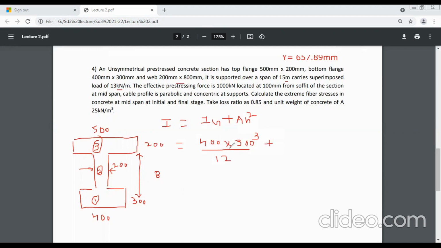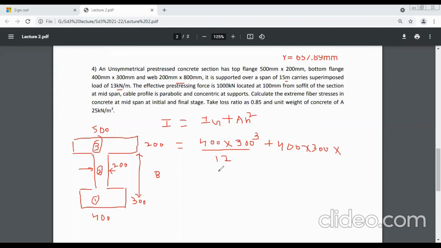A1 H square means 400 into 300, and H square means y bar minus y1, squared.